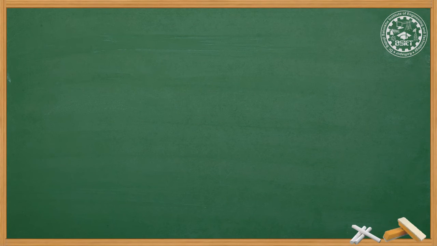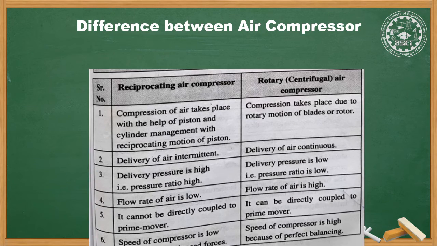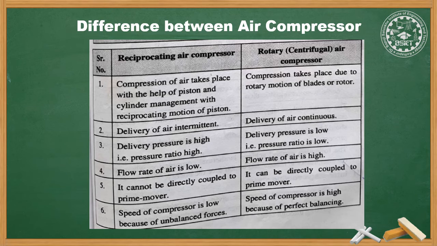Let us see the comparison between the reciprocating air compressor and the rotary air compressor. In the reciprocating air compressor, compression of air takes place with the help of a piston and cylinder arrangement with reciprocating motion of the piston, whereas in the rotary air compressor, compression takes place due to rotary motion.